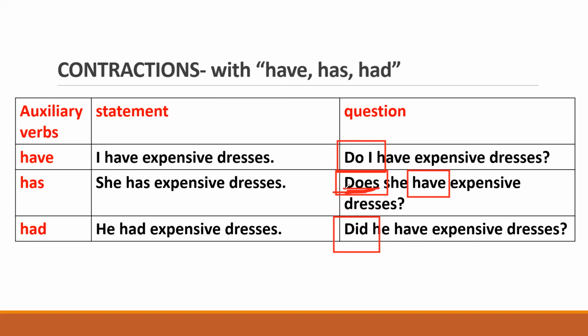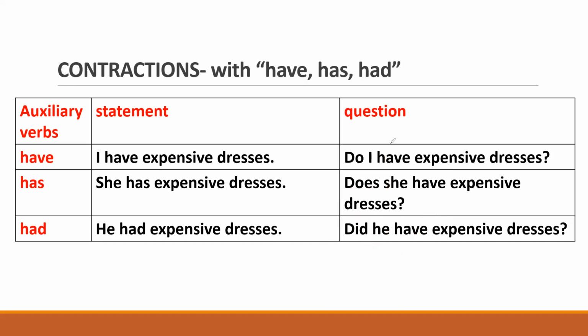Only one time you can use the present tense to indicate the tense. You cannot use it again, so that's why it is "does she have expensive dresses." He had expensive dresses. Did he have expensive dresses? Again, "did" represents the past tense, so we don't have to use another past tense here. Okay, did he have expensive dresses?